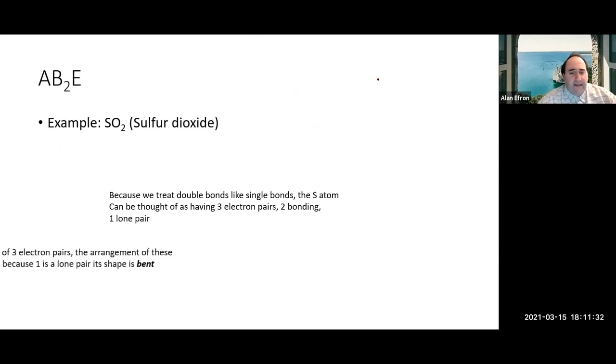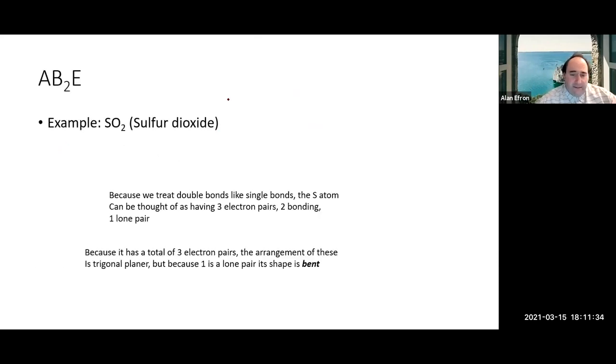Let's take a look at the first example here. This is SO2, which we did draw earlier. So it looks like this. I'll do the double bond over there. Now, when we look at the central atom and we do our electron pair geometry and our molecular geometry, I look at this central atom.